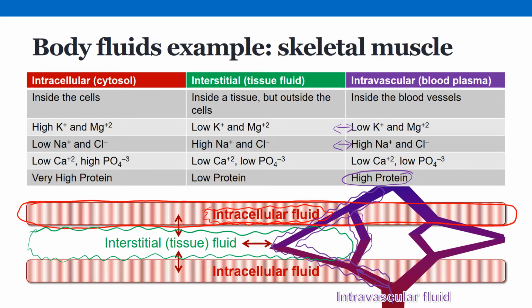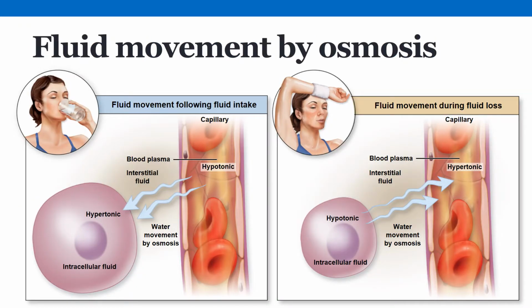Small things like sodium and chloride pass back and forth. Small things like calcium and phosphate pass back and forth. But protein does not pass back and forth. It's kept inside the intravascular compartment, inside the blood plasma.